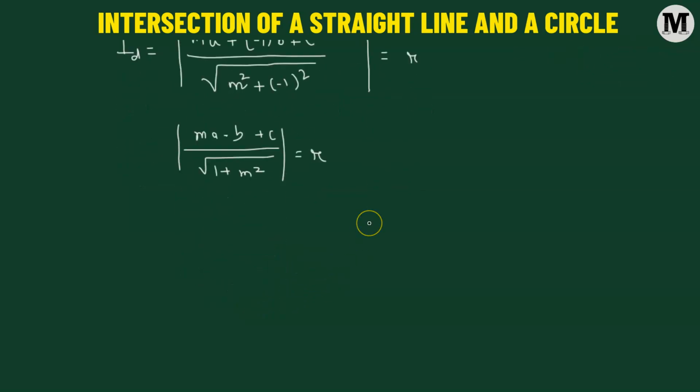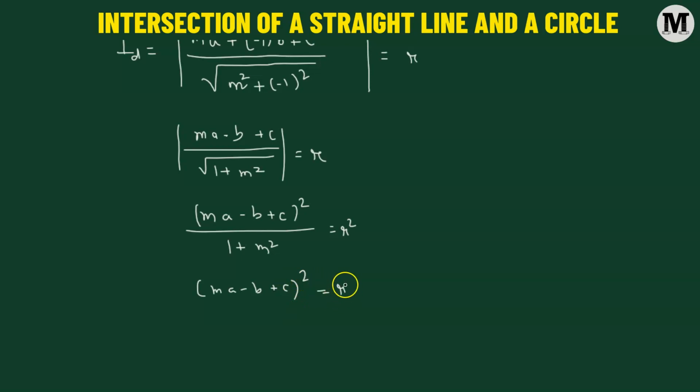Now we'll get rid of the absolute value by squaring both sides. That gives us (ma minus b plus c) whole squared. The denominator, we get simply 1 plus m squared, equals r squared. So we have (ma minus b plus c) whole squared equals r squared times (1 plus m squared).